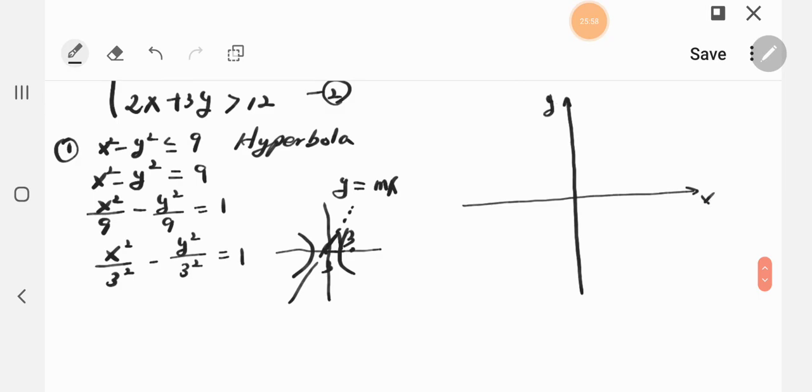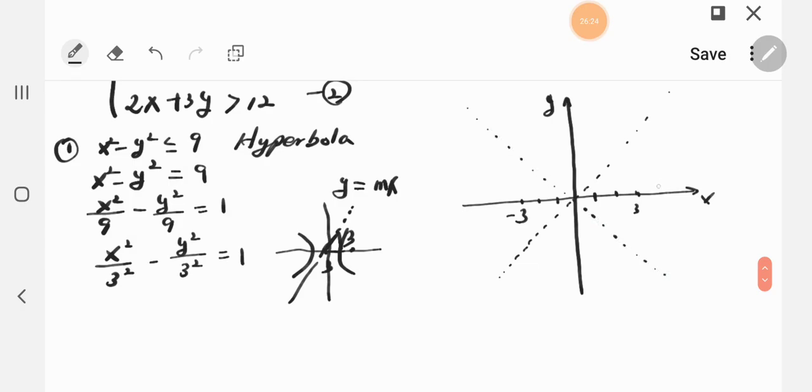There will be x equals 3 and negative 3, and the asymptote will be y equals x. This is the asymptote of the hyperbola.